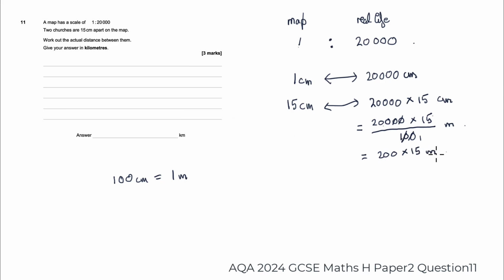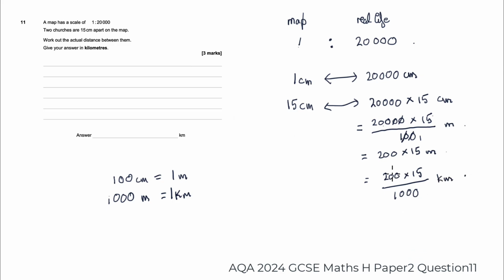Now we can go further by saying there are 1,000 metres in 1 kilometre. So we have to work out how many thousands go into this answer. And that'll give us the number of kilometres.